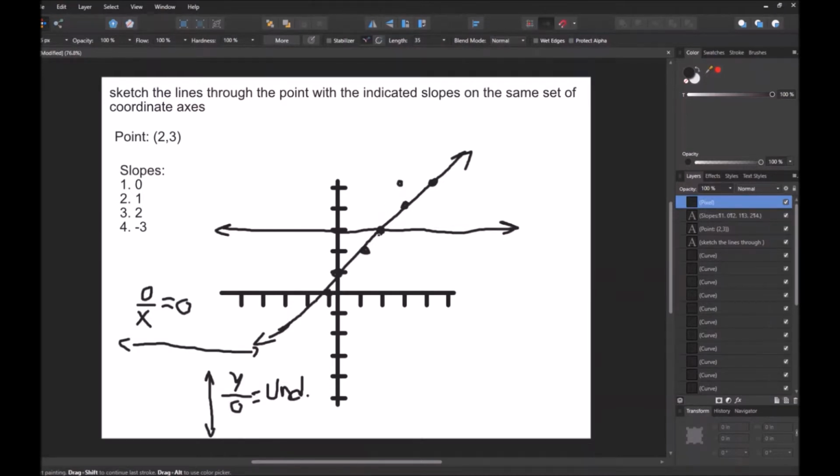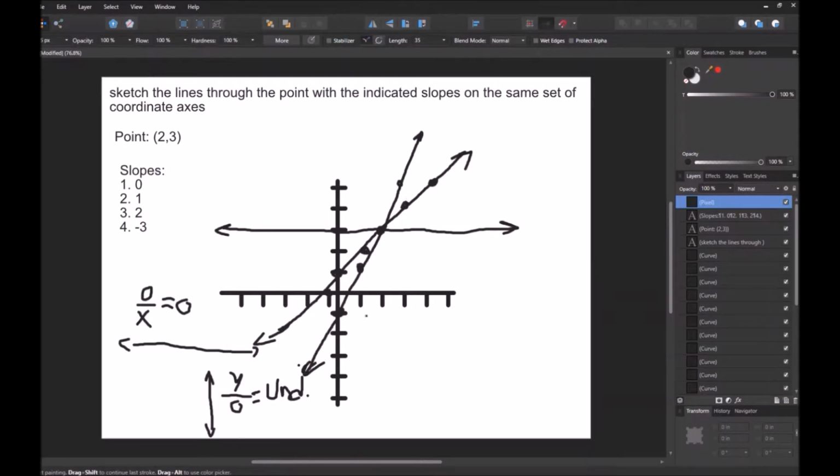And even down here, we're going to go to the left 1 and down 2. To the left 1, down 2. So then we will fill in the line, and it will look something like this. Forgive me if my line isn't 100% straight.